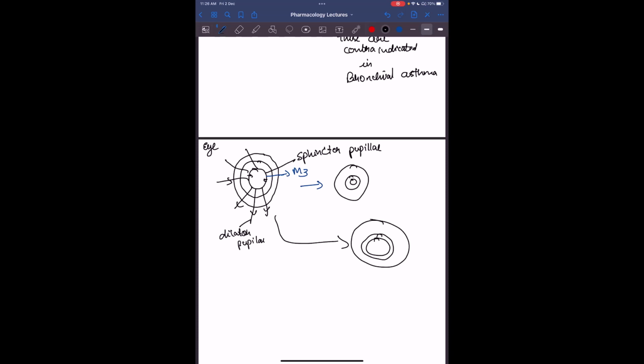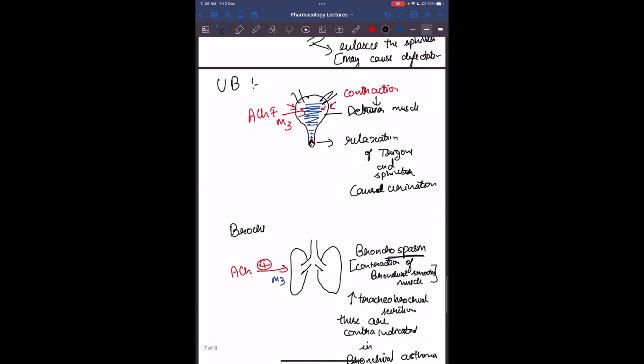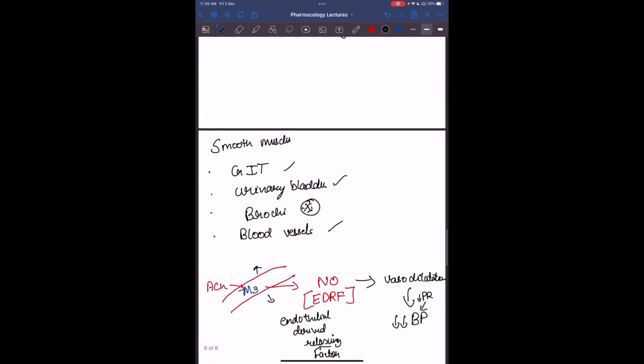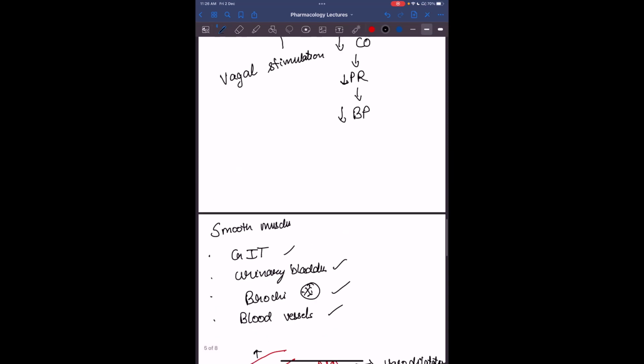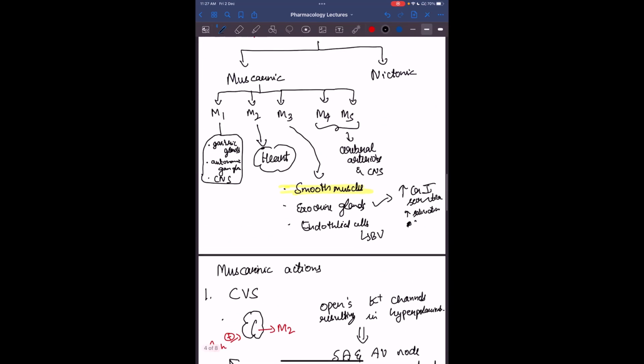So the dilator pupillae is supplied by the alpha 1 receptor. I have not spoken yet about alpha 1 receptors, but remember it right now. There are only a few receptors you need to remember for pharmacology. I have spoken about all the receptors, and bronchi also is done. So now we are left with the nicotinic receptors.